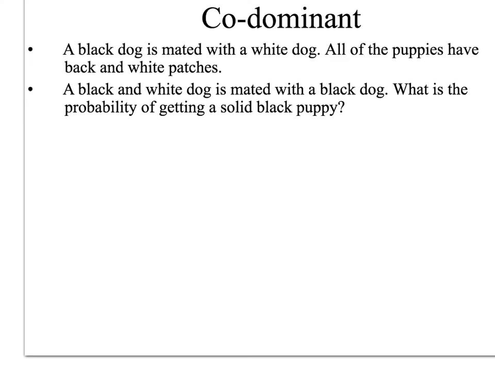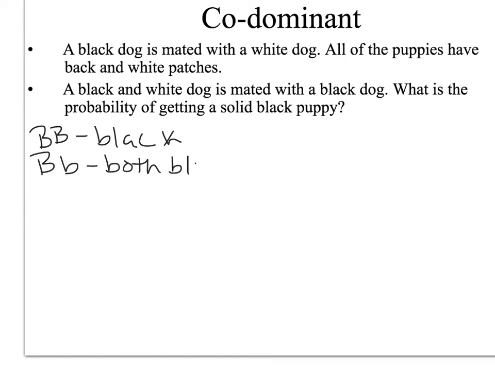For this problem, we're looking at black dogs and white dogs. So big B is going to be a black dog. Our heterozygote, big B, little b, is going to show up with both types of spots, black and white. Lastly, our little b is going to be white.